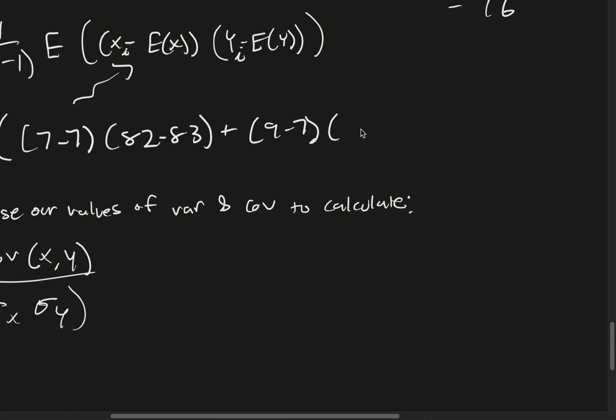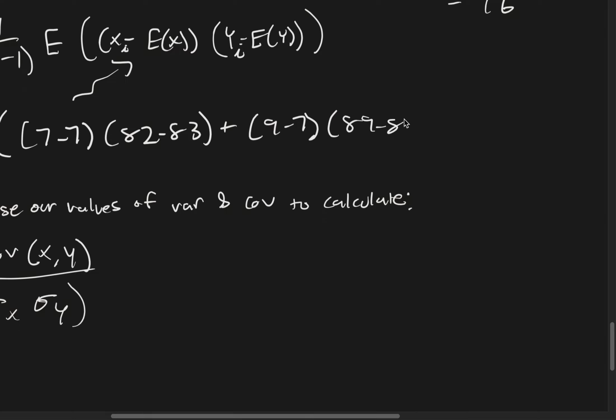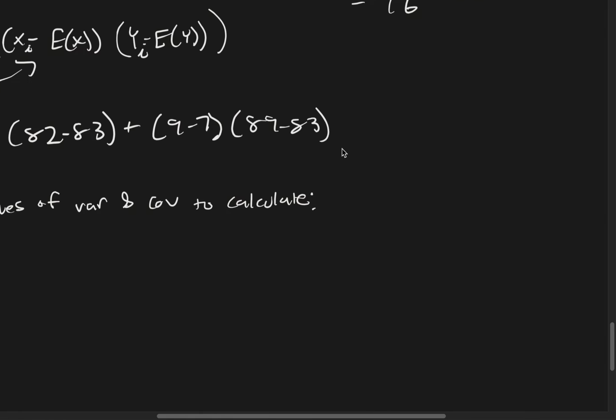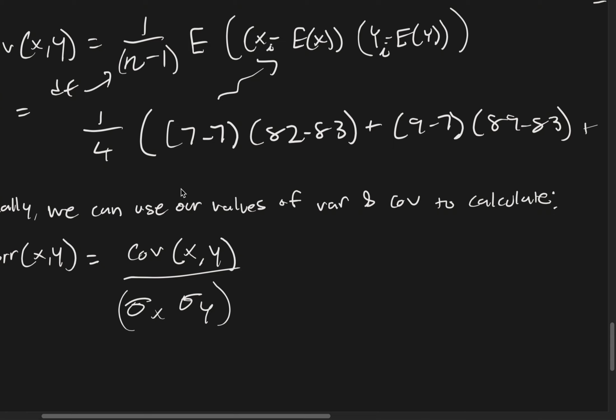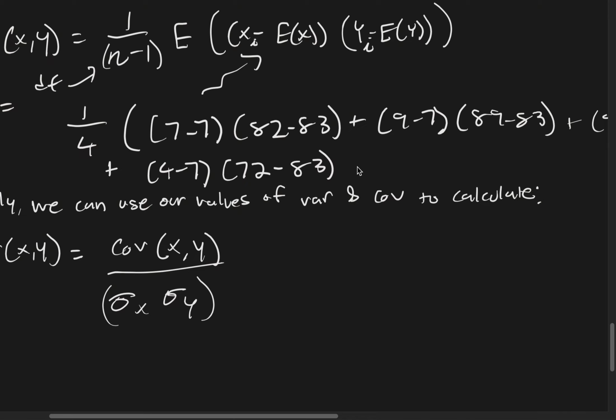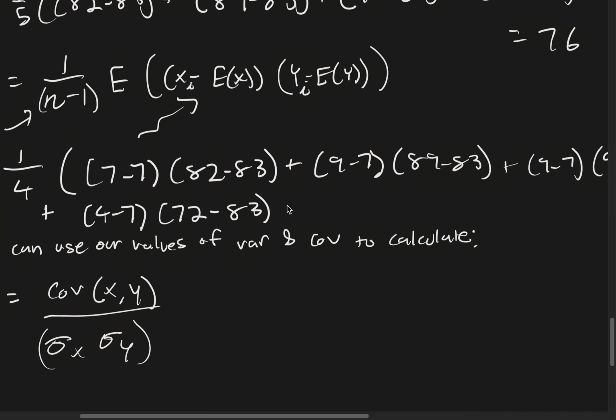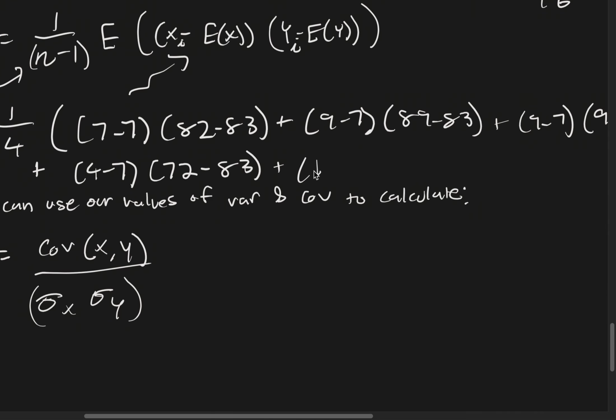So 9 minus 7 times 89 minus 83, 9 minus 7 again, but this time it's 94, plus 4 hours of sleep times the grade of 72 minus the average. Oh, it looks like I forgot one more.